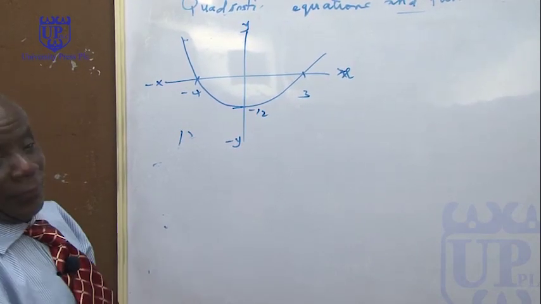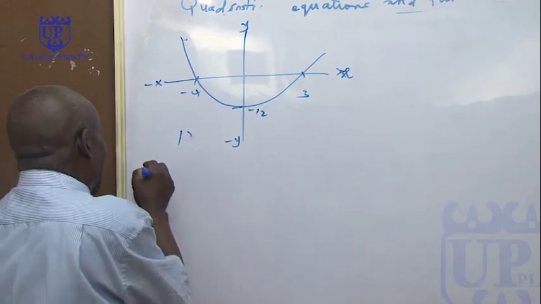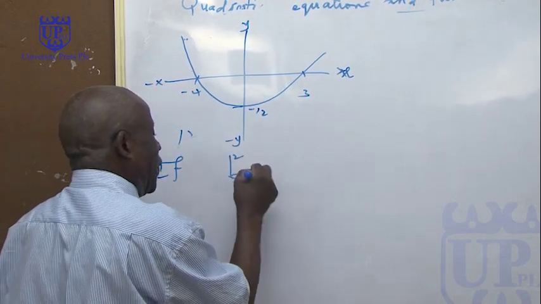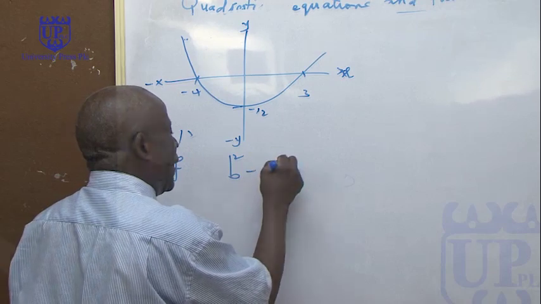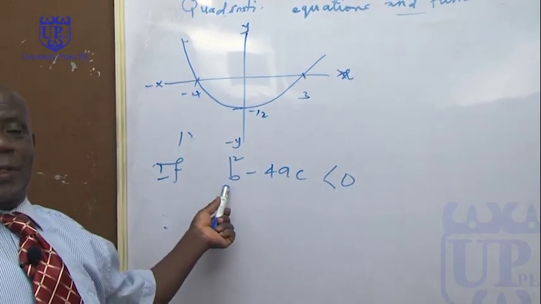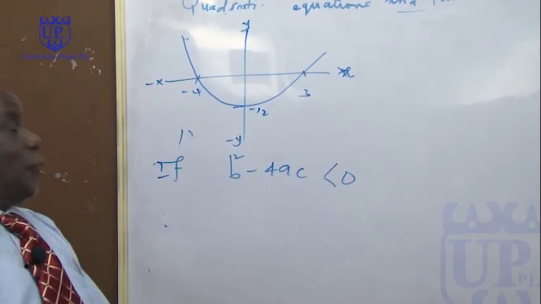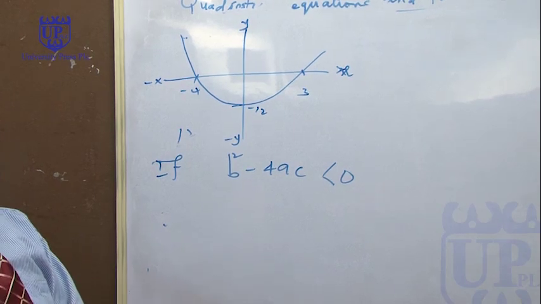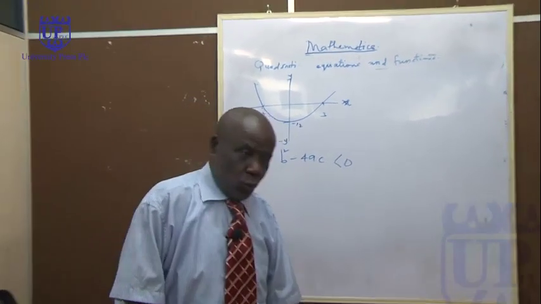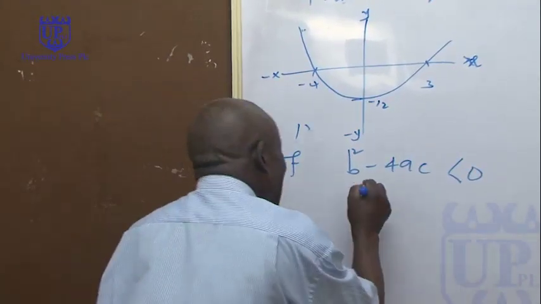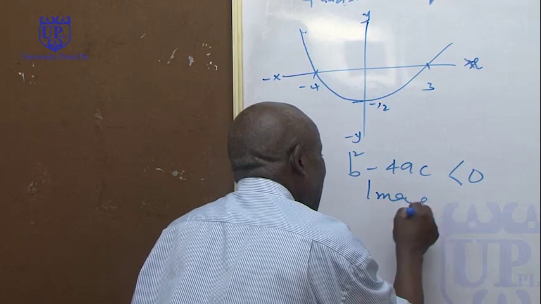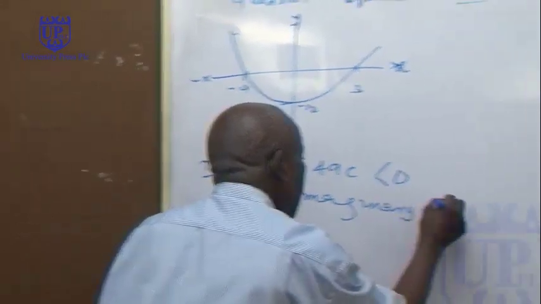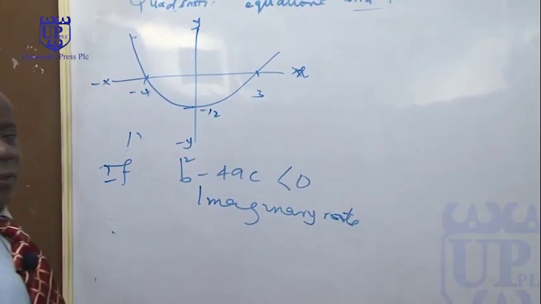The last one: if the discriminant, that is b squared minus 4ac, is negative, you have imaginary roots. That means you can't solve it on a real line.